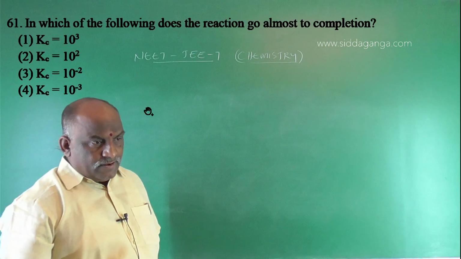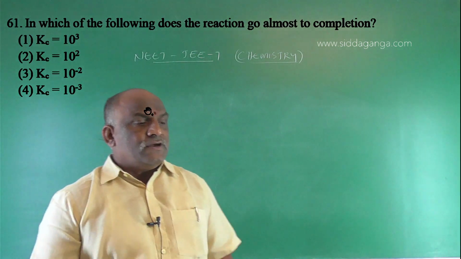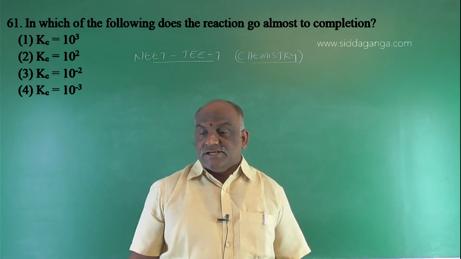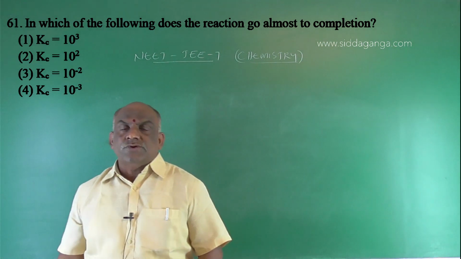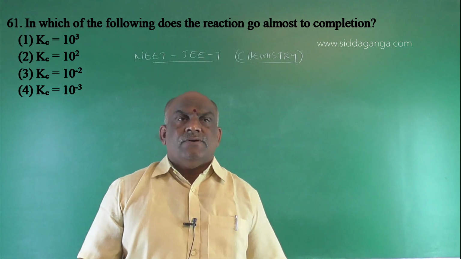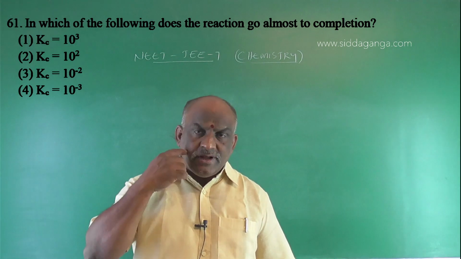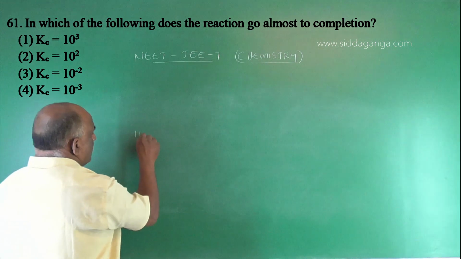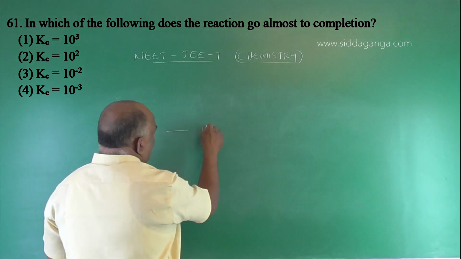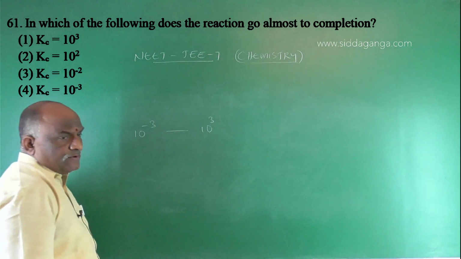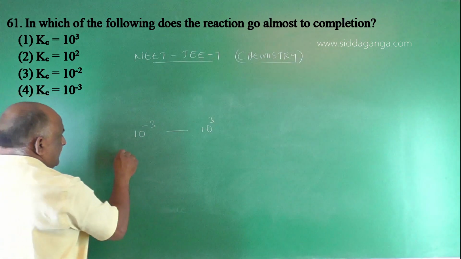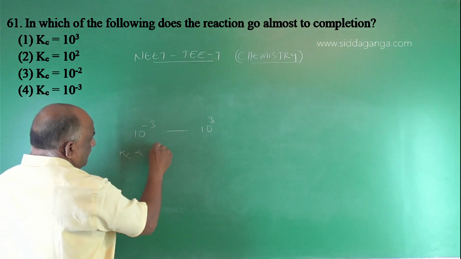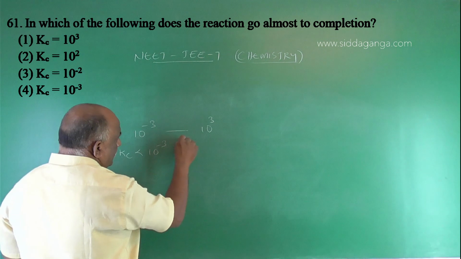Next, in which of the following does the reaction go almost to completion? This belongs to chemical equilibrium. Kc less than 10 power minus 3: reactants are predominant.